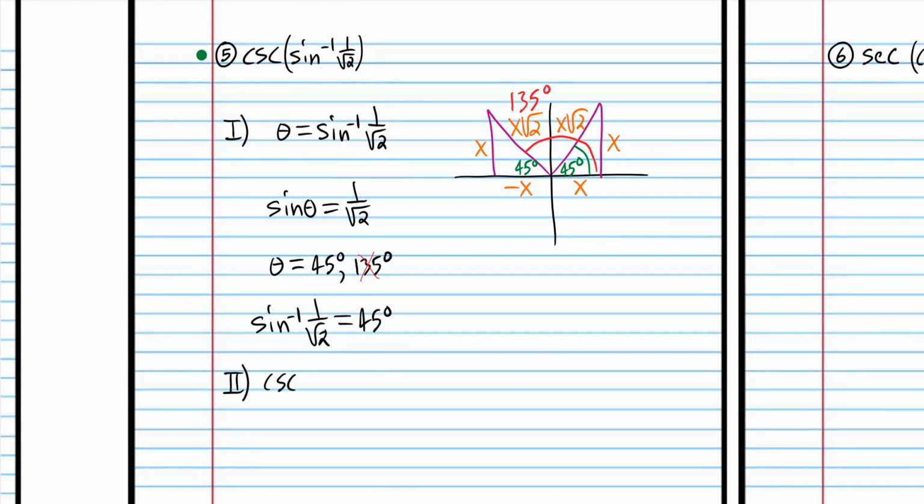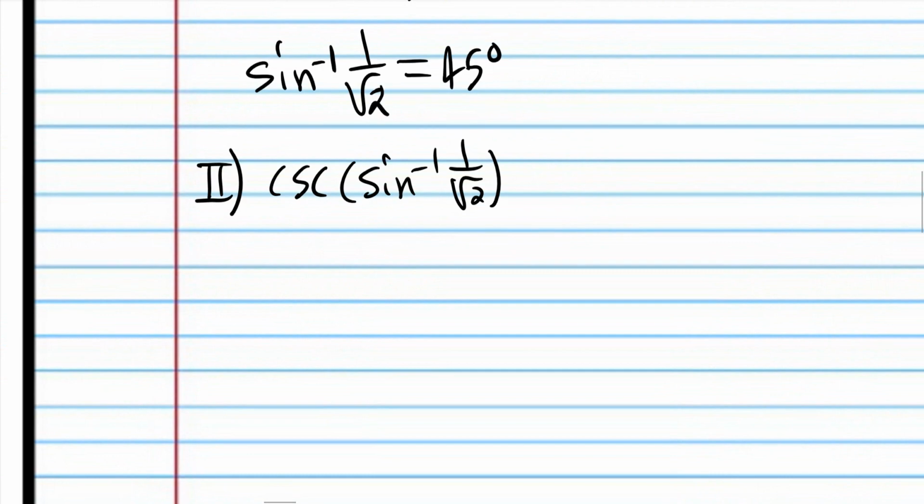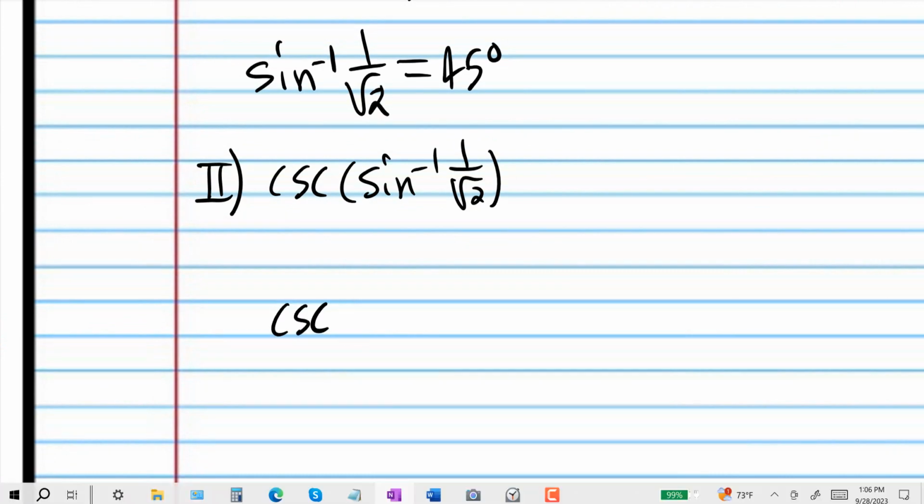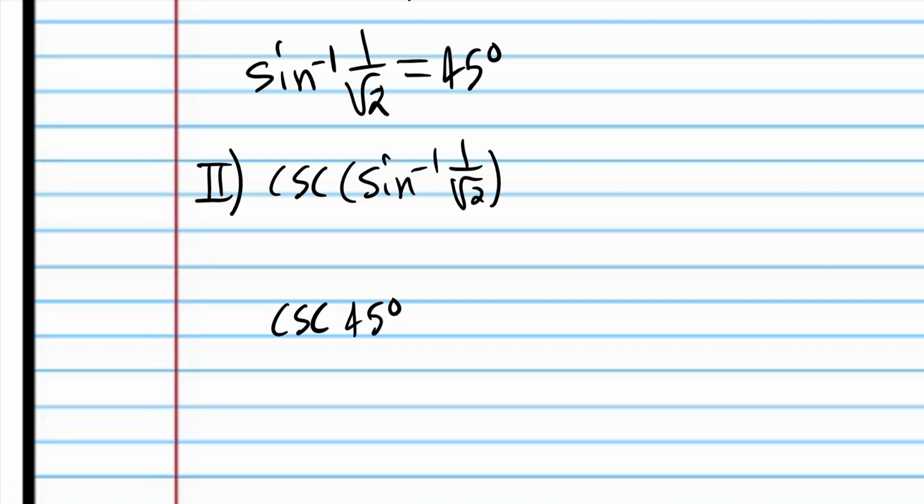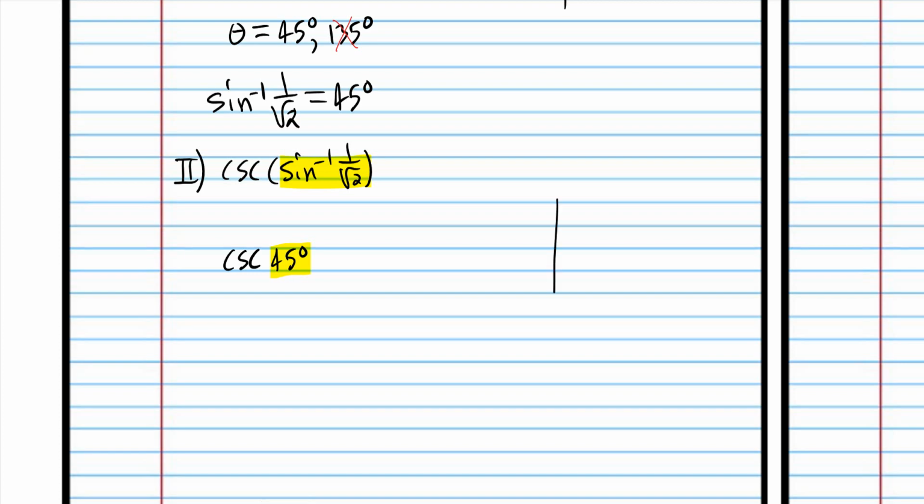But now we're going to find the value of cosecant of sine inverse of 1 over root 2. Well, we already found the value of the inside is 45 degrees. So now we just have to find cosecant 45 degrees.